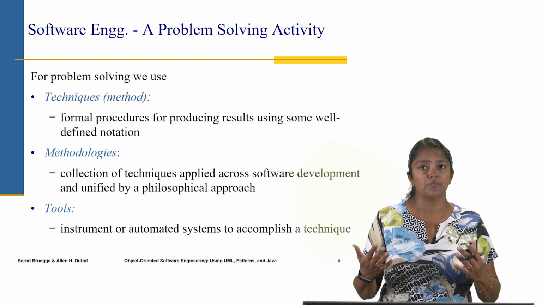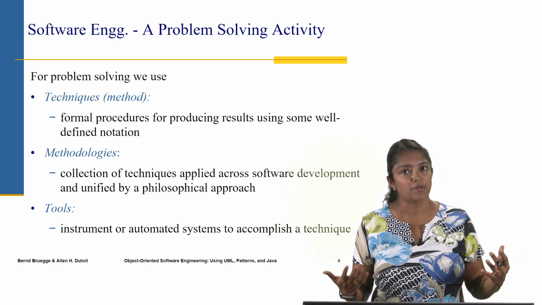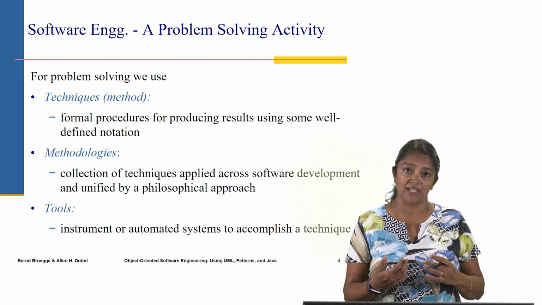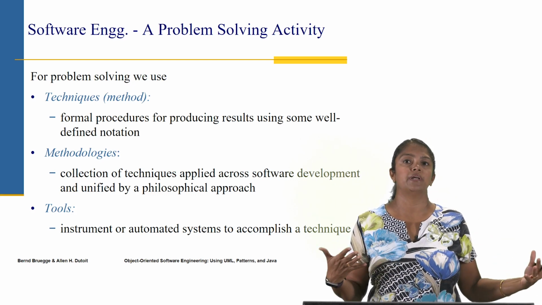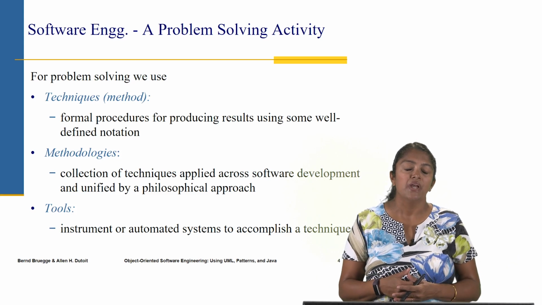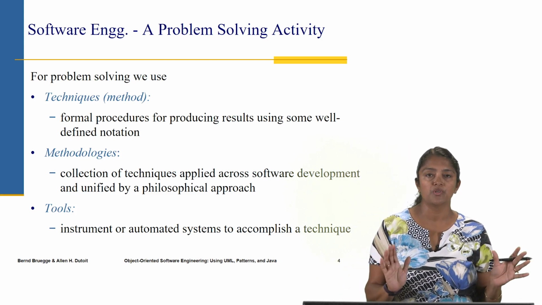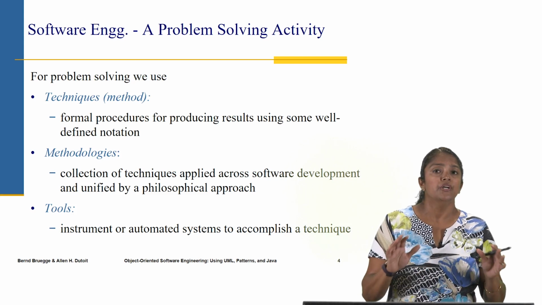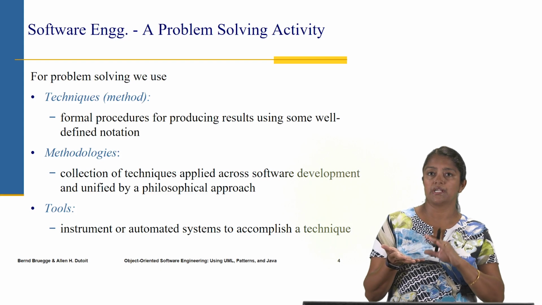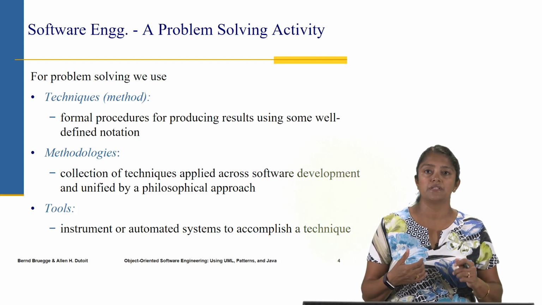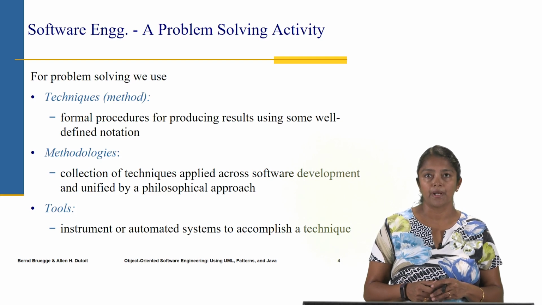Those are our tools. And say you use Eclipse in order to do the programming, that's a tool. And anything else that facilitates accomplishing our tasks of programming using object-oriented programming. So basically software engineering is this problem-solving activity that involves using existing scientific approaches, existing techniques, methodologies and tools in order to produce high-quality software.